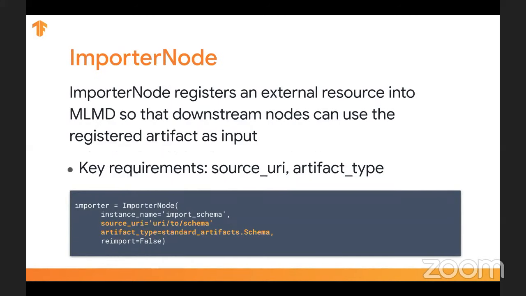So if you're pulling in an external resource of some kind, some sort of data or object, your Importer node is available for you to do that. And the main things you need here are the URI of that artifact that you're going to pull in and the type to assign to it, because we need to know what type these artifacts are.